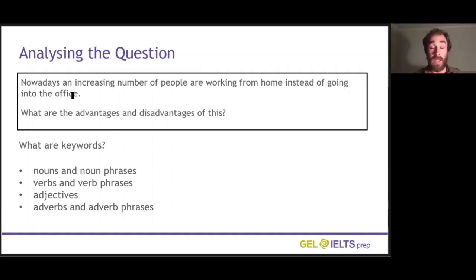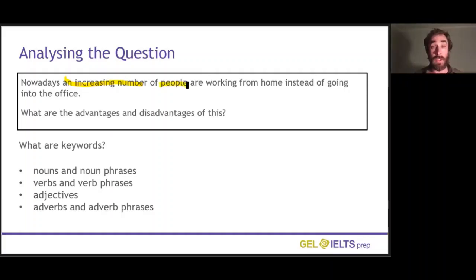So let's identify those keywords. First, we have nowadays. Nowadays is not a keyword here because we're not focusing on the time difference. Many questions start with these days or nowadays, and here it's not especially relevant. An increasing number. So this is a noun phrase that tells us that this quantity is growing. Quantity of what?